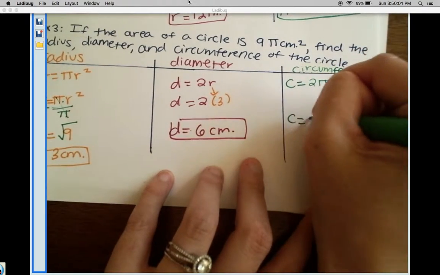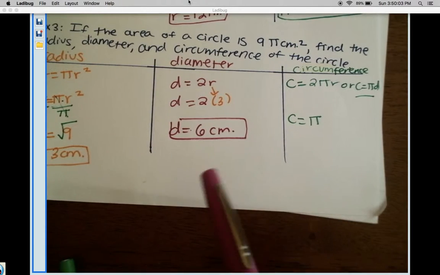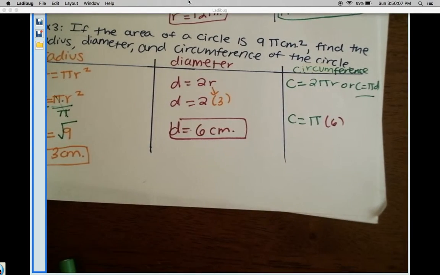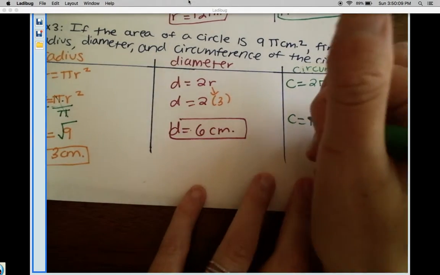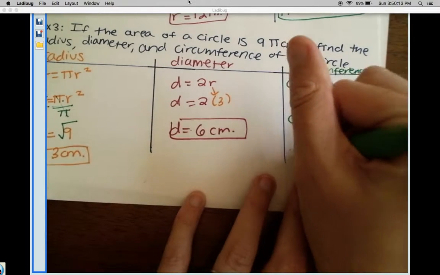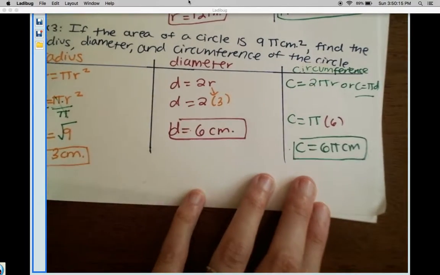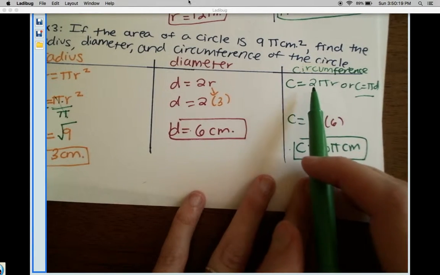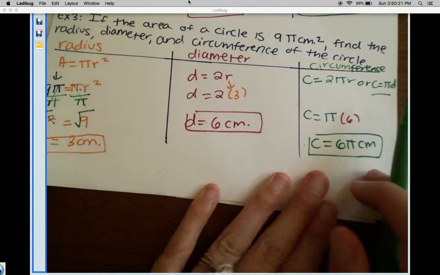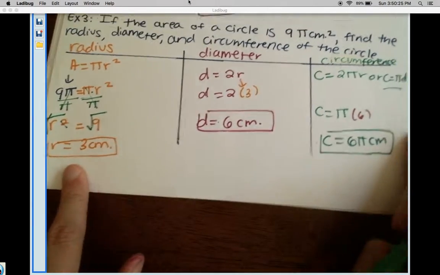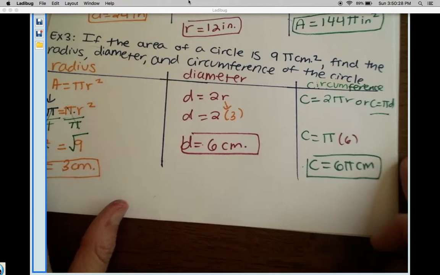So circumference equals pi times my diameter, which is 6. So circumference is 6 pi centimeters. And there we go. Okay, if you use this formula, it's 2 times pi times r, which 2 times the radius is 6, and then times pi is 6 pi. So you could use either formula to get there.